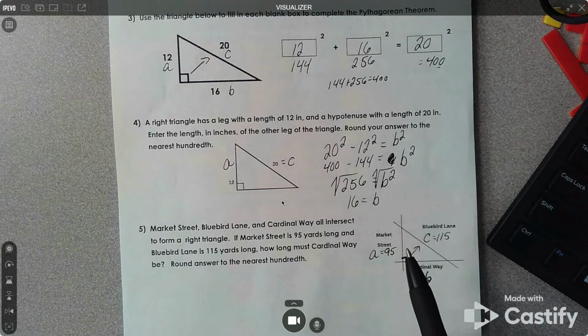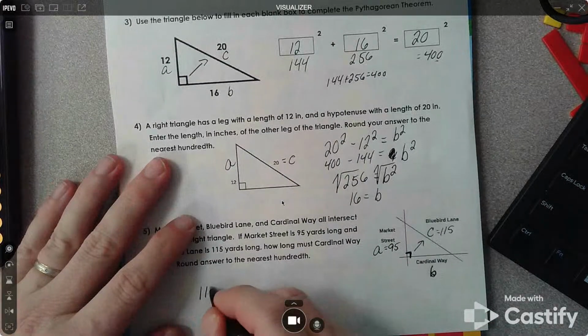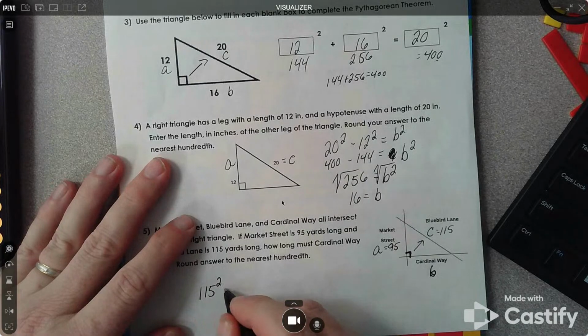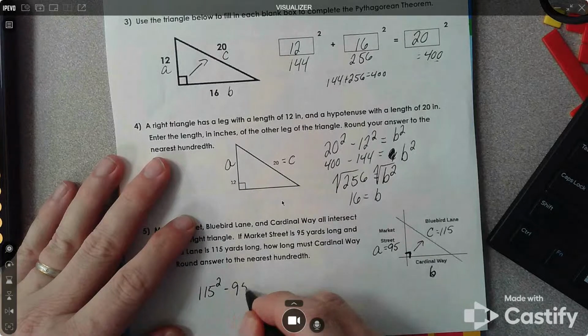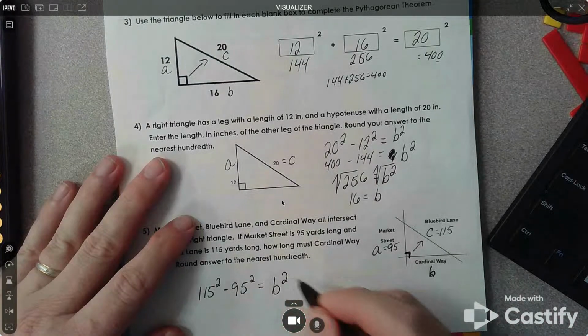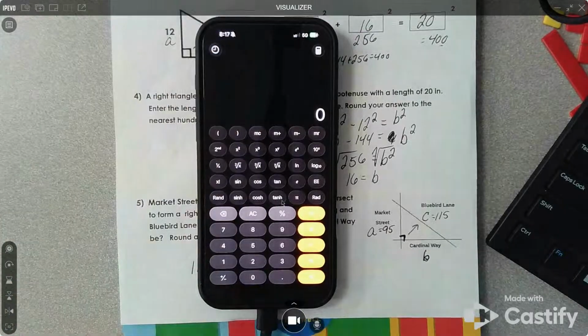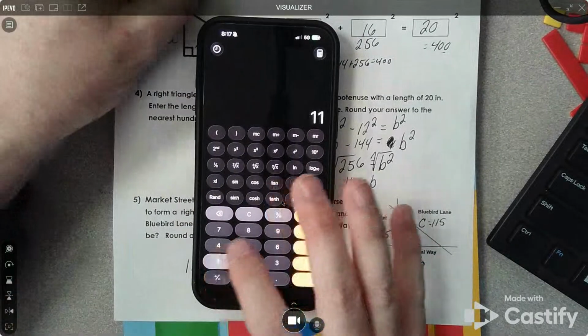And that subtraction problem is going to be 115 squared minus 95 squared equals B squared. Now, believe it or not, I don't know 115 squared.